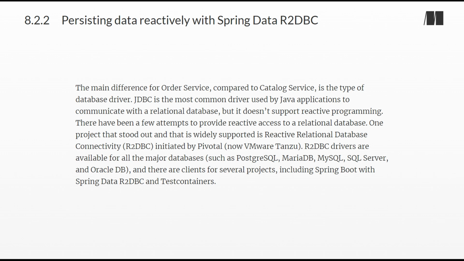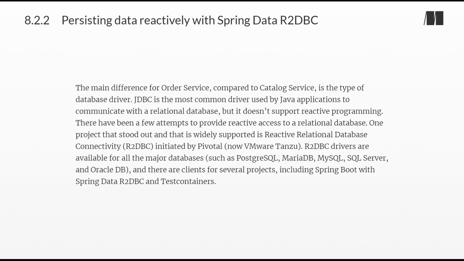JDBC is the most common driver used by Java applications to communicate with a relational database, but it doesn't support reactive programming. There have been a few attempts to provide reactive access to a relational database. One project that stood out and that is widely supported is Reactive Relational Database Connectivity, R2DBC, initiated by Pivotal, now VMware Tanzu.